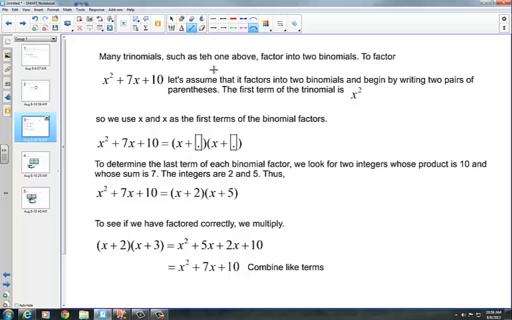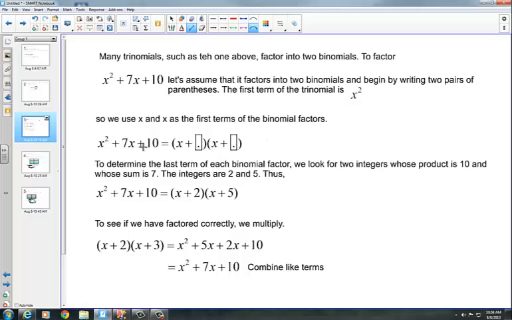Many trinomials, such as the one above, factor into two binomials, two factors. Consider x squared plus 7x plus 10. Let's assume that it factors into two binomials and begin by writing two pairs of parentheses. The first term of the trinomial is x squared, so we use x and x as the first terms of the binomial factors.